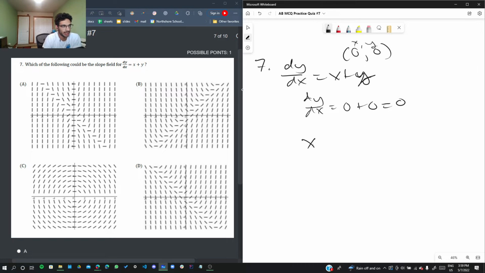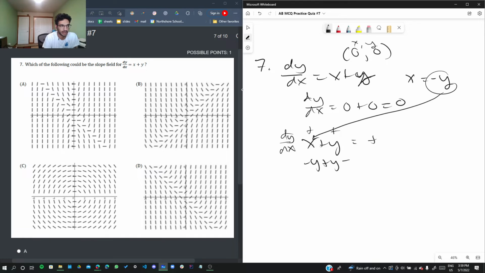Now, if we had x plus y, and x was positive and y was positive, then the slope dy/dx must also be positive. So we should see a positive slope here. Is there anything with a negative slope? No. Another thing: let's say x is equal to negative y, then the slope will also be 0, because negative y plus y is equal to 0.